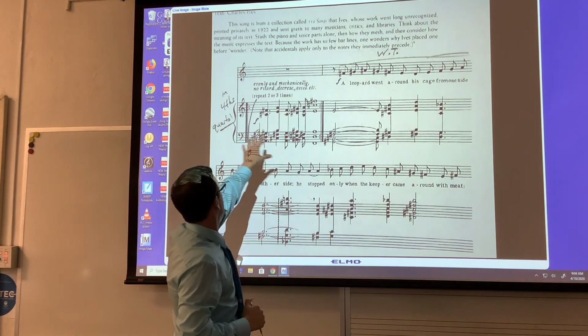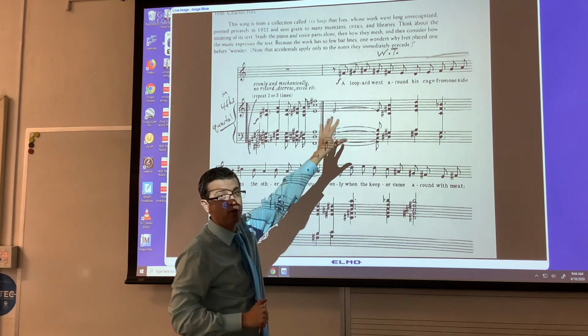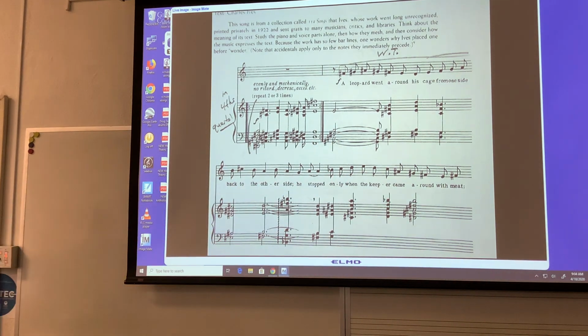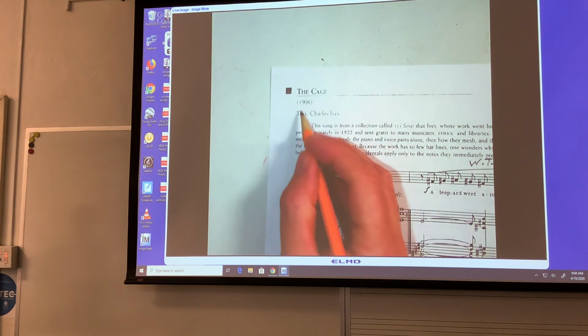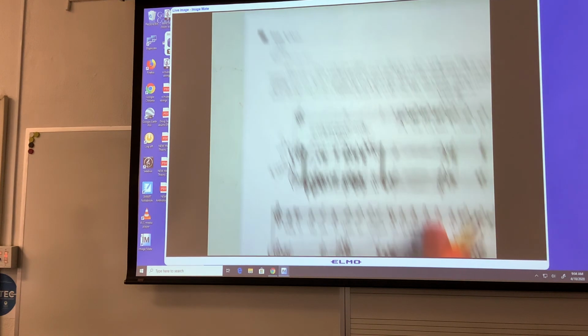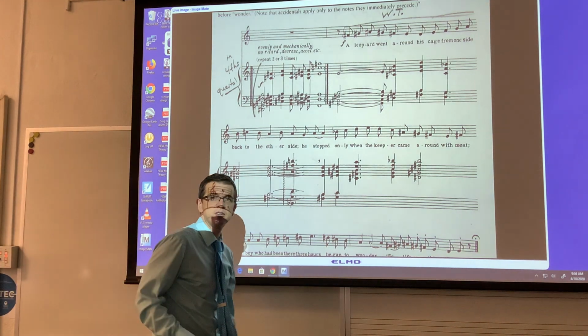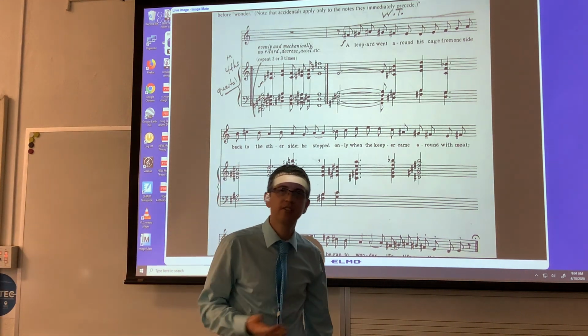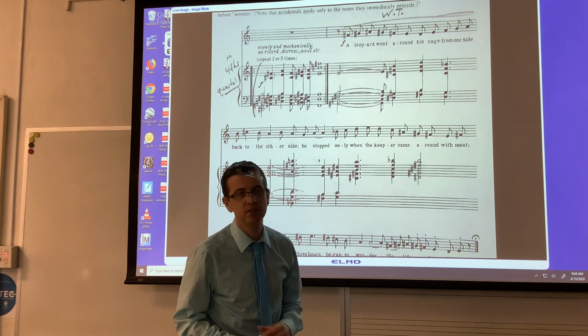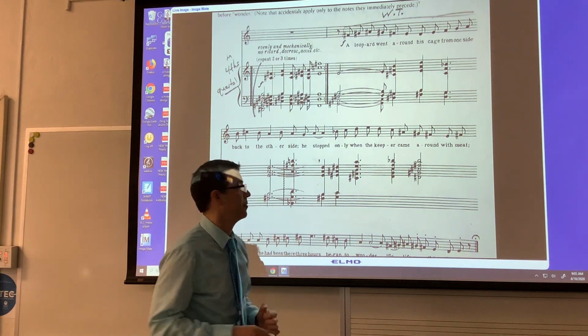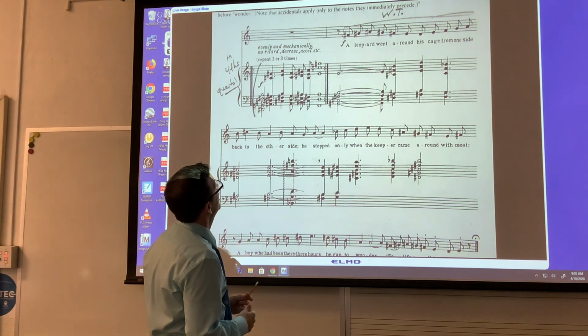So the use of the harmony stacked in fourths and the whole tone, especially considering that this piece was written in 1906, is long before composers like Stravinsky were doing these kinds of experimental things with their music. So he was very much ahead of his time.